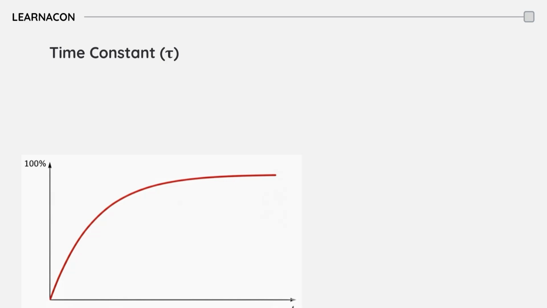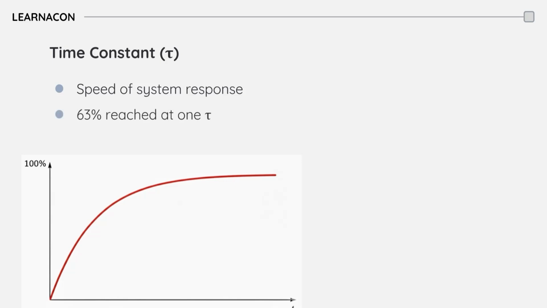Every first order system is defined by a key characteristic called the time constant. The time constant describes how quickly the system responds to a change. The time constant is typically expressed by the Greek letter tau. After one time constant, the output reaches about 60% of its final value.